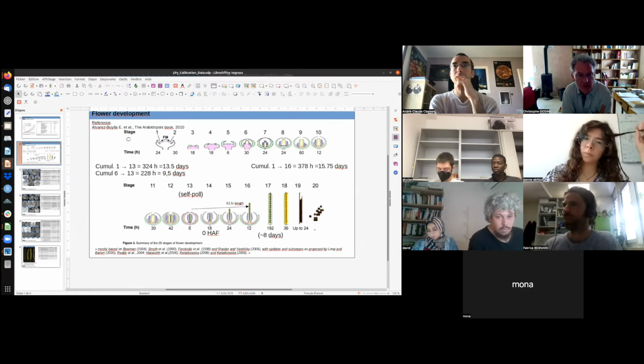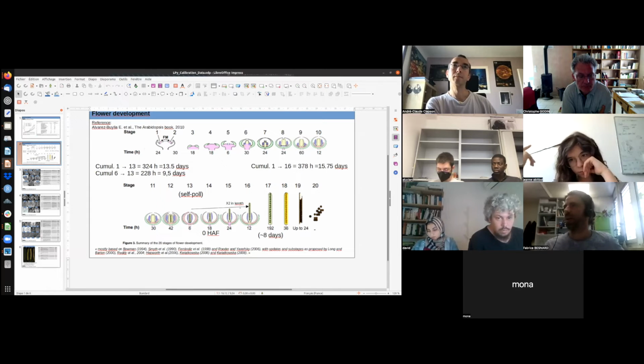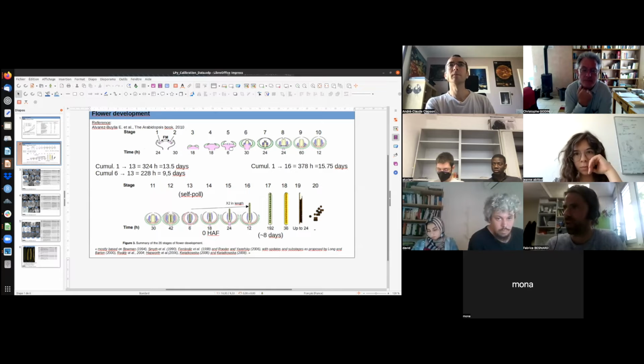And for example, it's now a typical textbook, the Arabidopsis book, sorry. For example, you have these different stages, and in these different stages it's really well described. You have the development of each organ of the flower described.